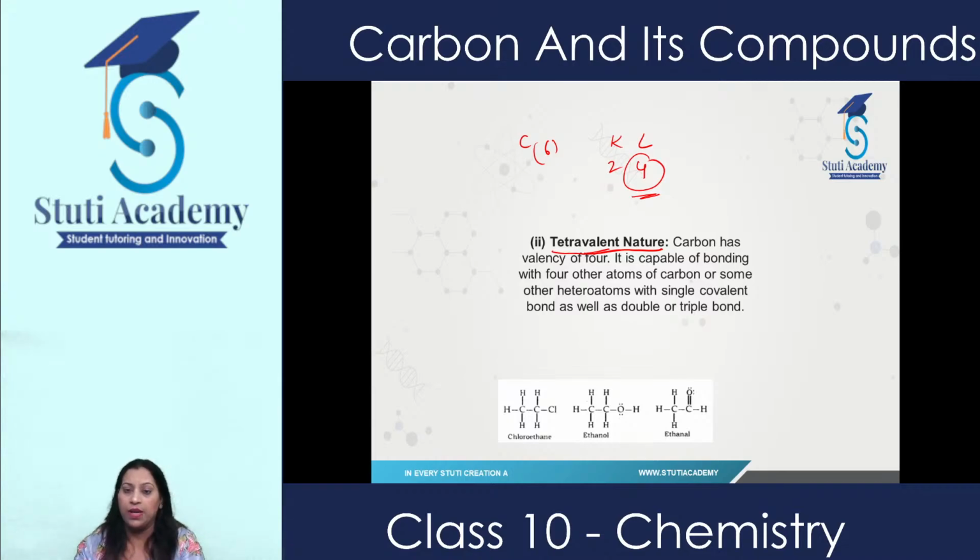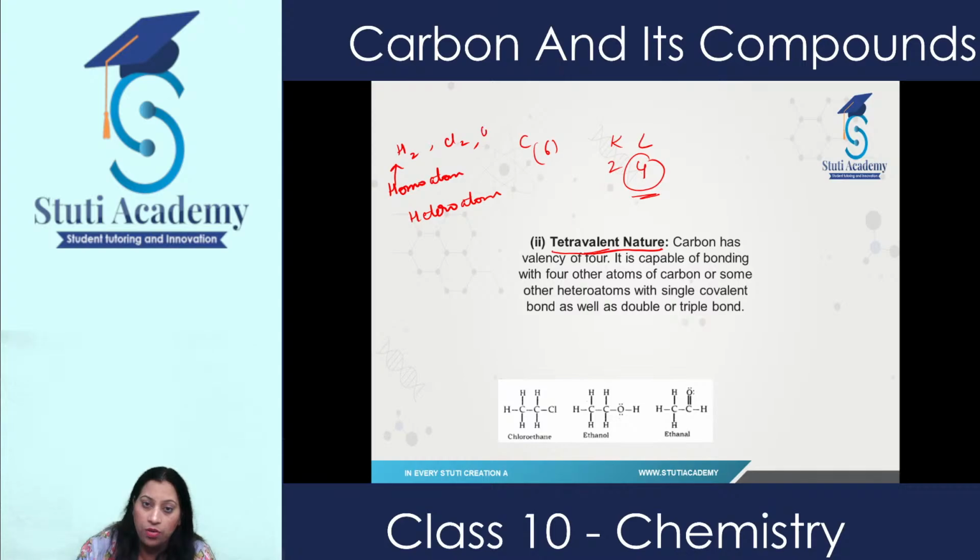See, there are two terms that come: homoatom and heteroatom. Homoatoms are those which are made up of only one kind of atom. For example, homoatom examples are H2, Cl2, O2.